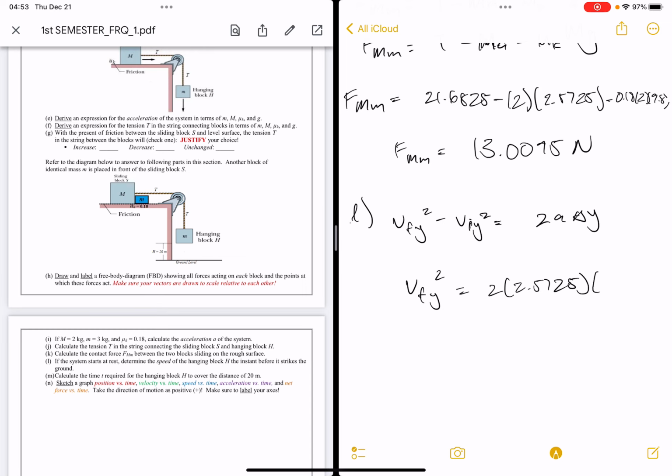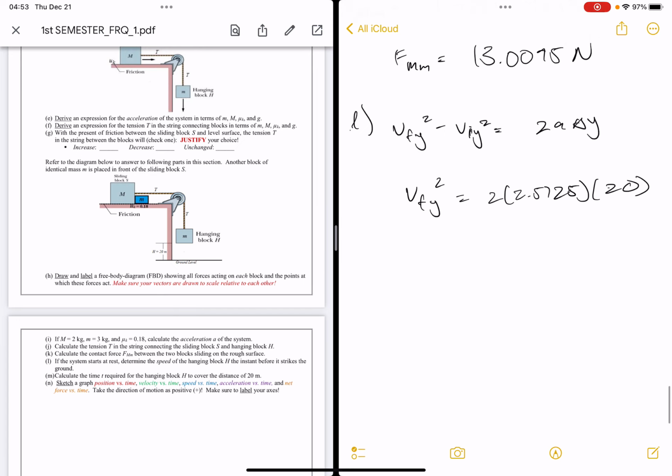The distance from the block to the ground is 20, so just put that in here. Okay, and then we square root both sides, and so then Vfy equals 10.144 meters per second.